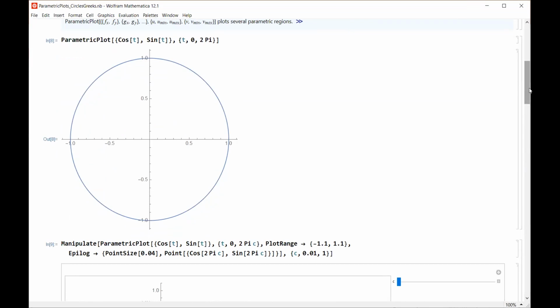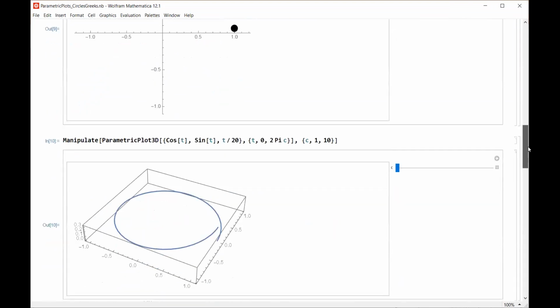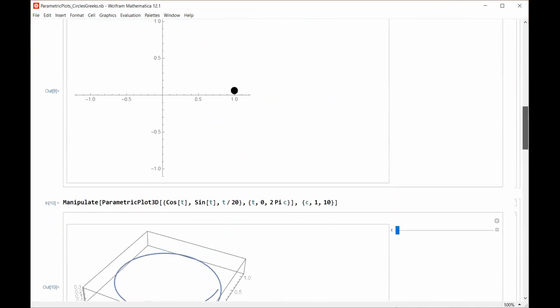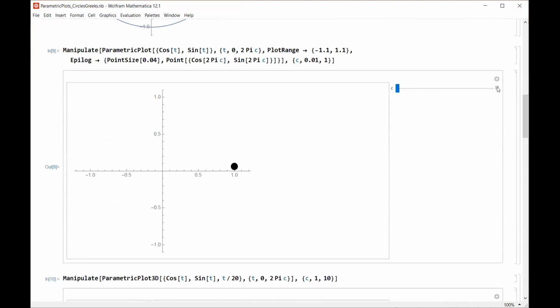I can turn this into a movie and let it play. You can see, as time increases, it's just moving in a nice circular motion. It goes all the way around and then resets. So x of t is cosine t, y of t is sine of t, and it just goes on and on.